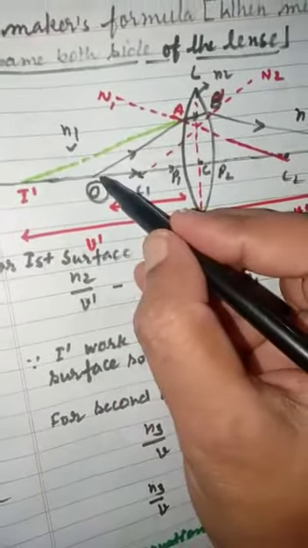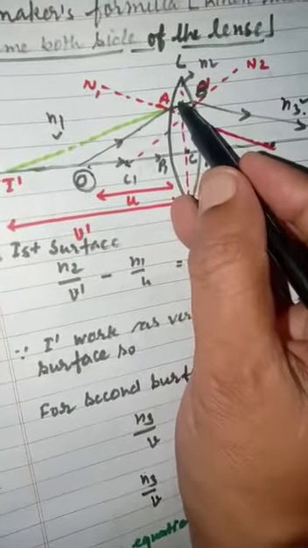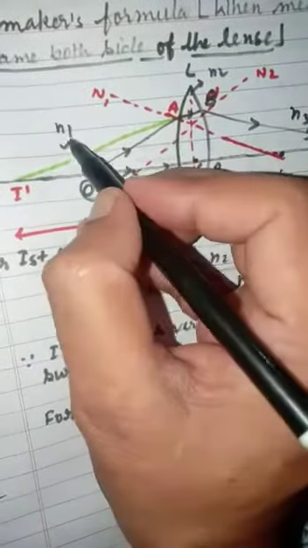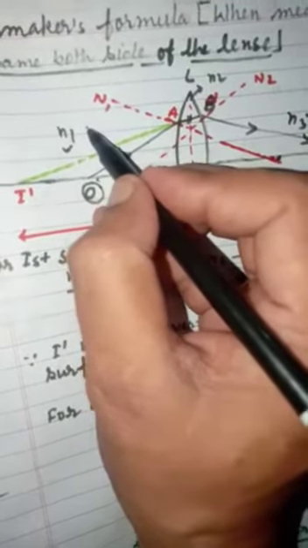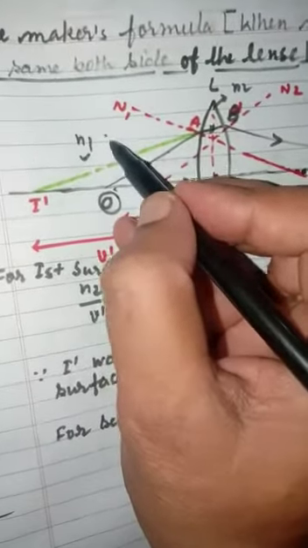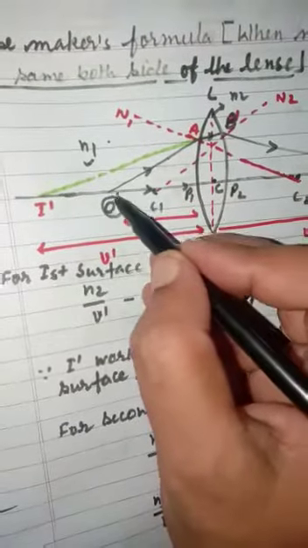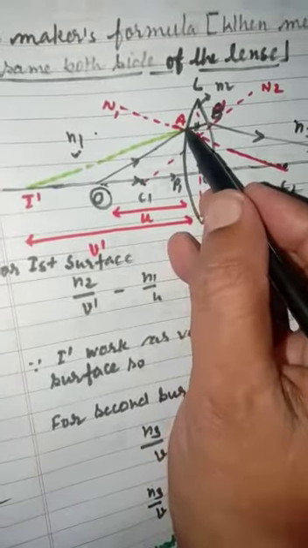A light ray travels from rarer medium to denser medium. N1 is the rarer medium.